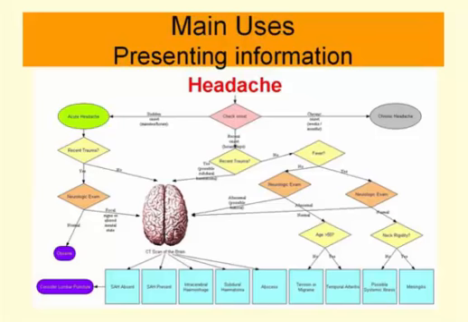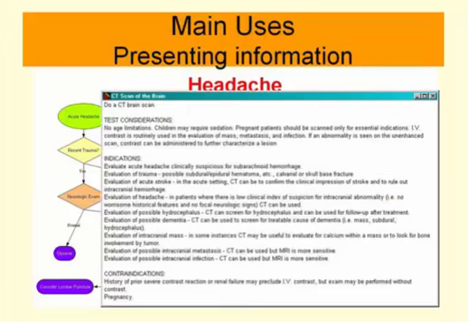Your aim with this slide would not be to teach your audience how to manage acute onset headaches, but to make them familiar with the fact that this resource is available on the hospital intranet, and to explain that clicking on the brain image opens a list of indications and contraindications for CT brain scanning.